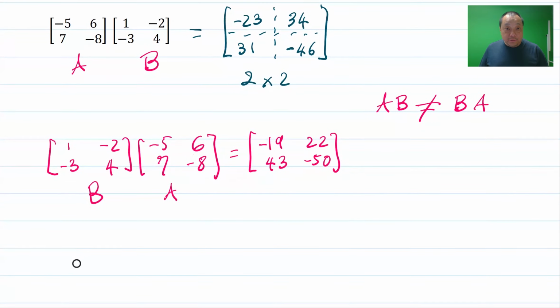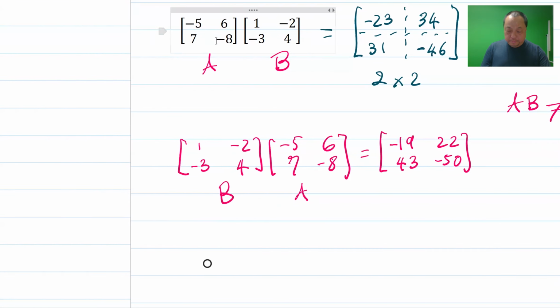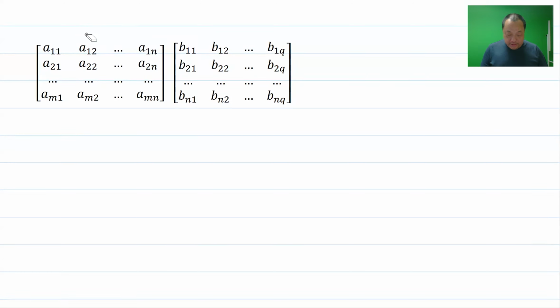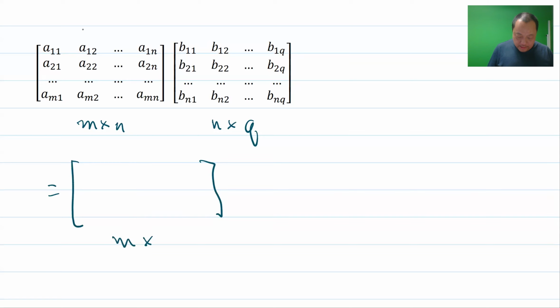Let's see if we can figure out the reason why. Let's take the general case of some m by n matrix times n by q matrix, and we should get an answer that is m by q. Well, what is the answer at any given position?